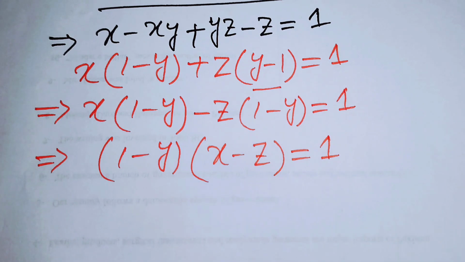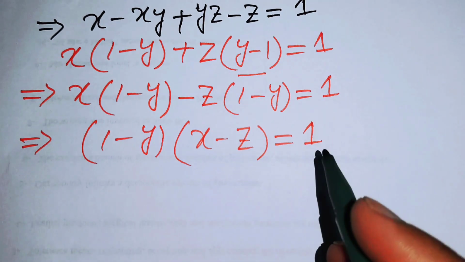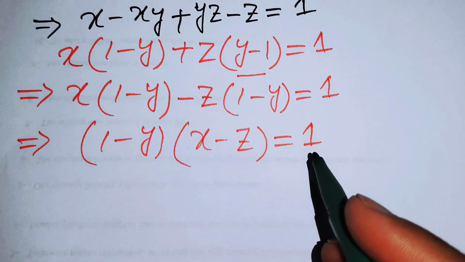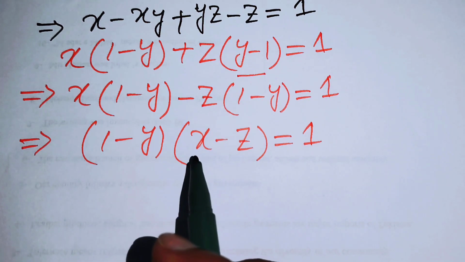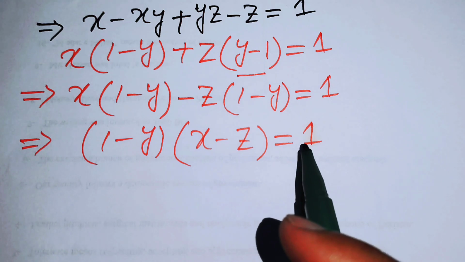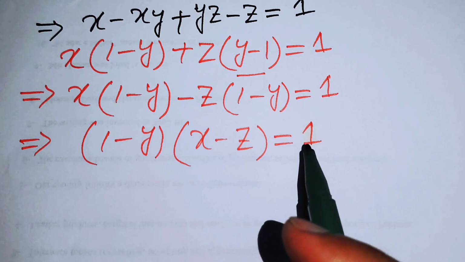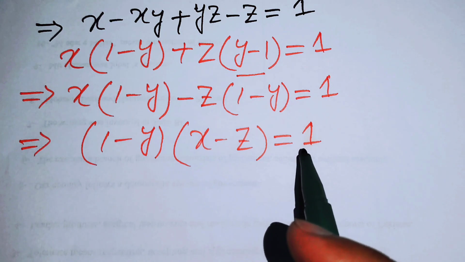And now in the next step you can focus on the right hand side, and you see that in the right hand side we have 1. Because in the left hand side you have two factors, we will make two factors in the right hand side, so we need any two numbers whose product is 1.